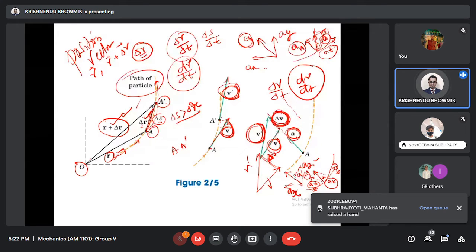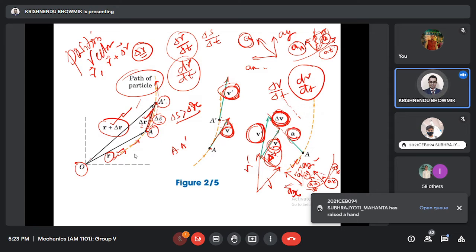And that acceleration is acting along delta V. Delta V comes from two points, V and V prime, at A and A prime. The difference between V and V prime, magnitude and direction wise, is delta V. Along delta V the acceleration is acting. And velocity at this point and this point we get by dr dt, the instantaneous slope.